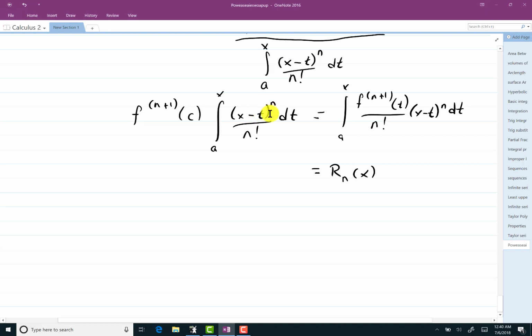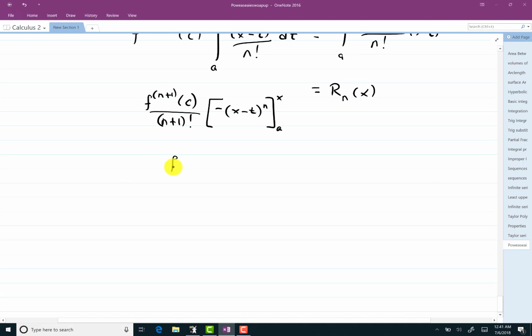And when I put the n plus 1 down here, I'll get n plus 1 factorial. So this will be f to the n plus 1 of c. This stuff's on the outside. If you don't mind, I'm going to put the n plus 1 factorial underneath of it. And then I will be dealing with negative (x minus t) to the n from a to x.